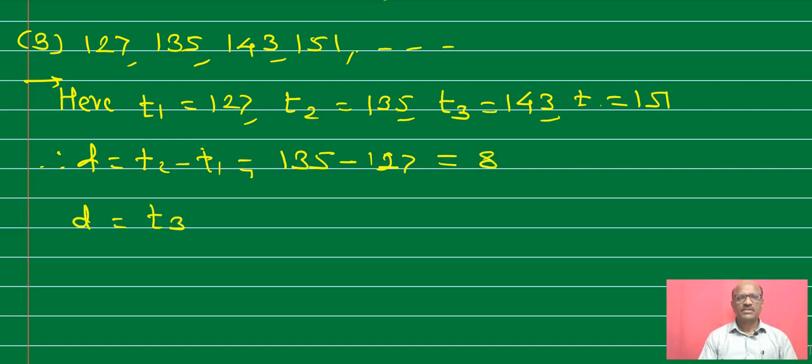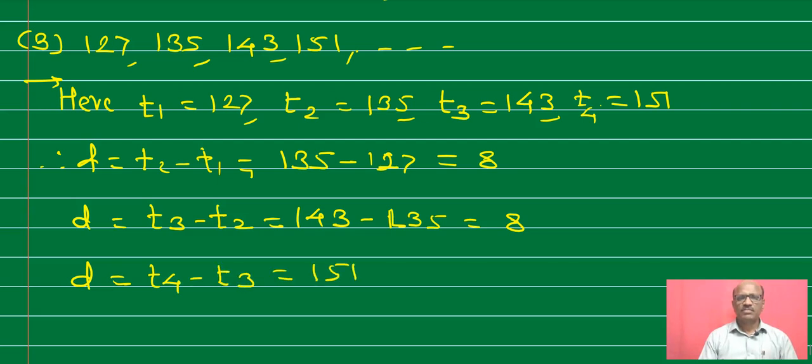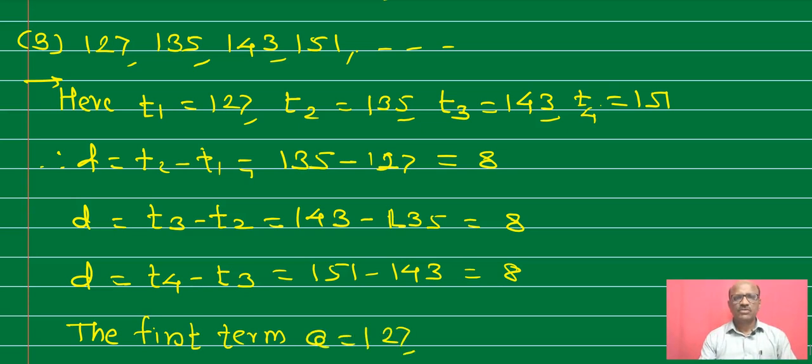D is equal to T3 minus T2, 143 minus 135, that is equal to 8. D is equal to T4 minus T3, 151 minus 143 is 8. The difference is constant. First term, that is A is equal to 127 and D is equal to 8.